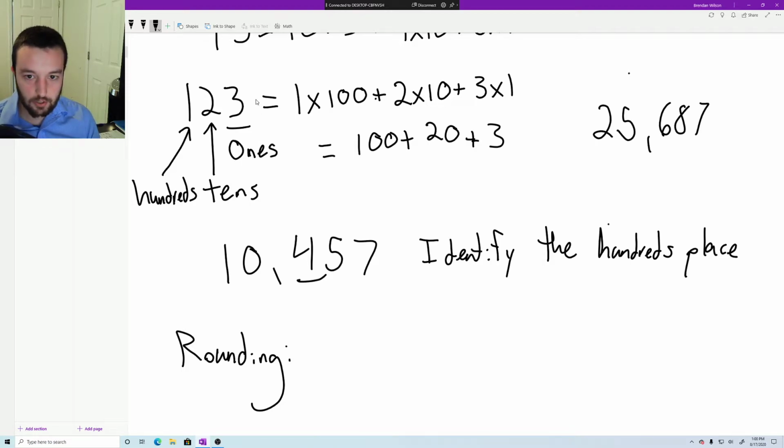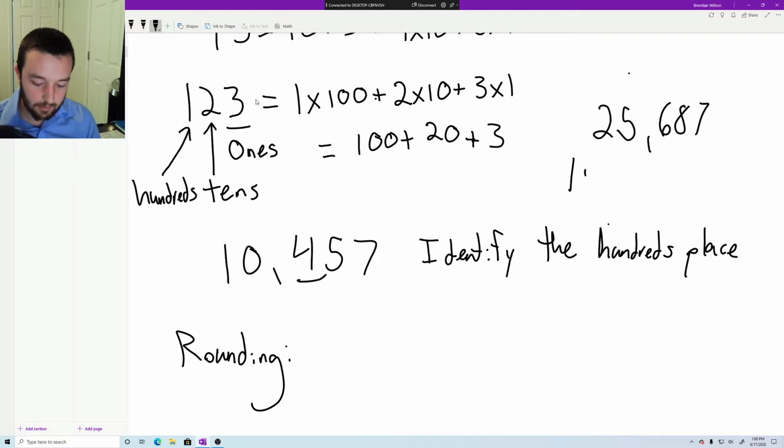I say the 2 and the 5, the 25, put those together, and the comma says now we say 1,000. And then we say this part as 687. So the commas separate the numbers into groups.